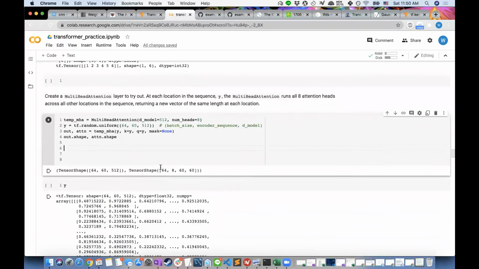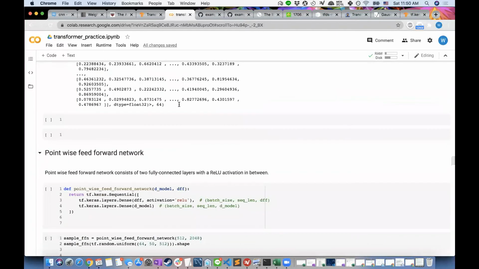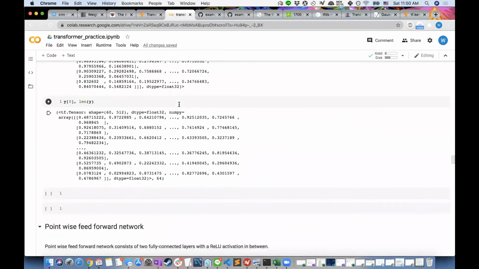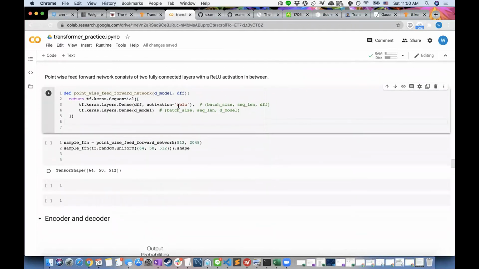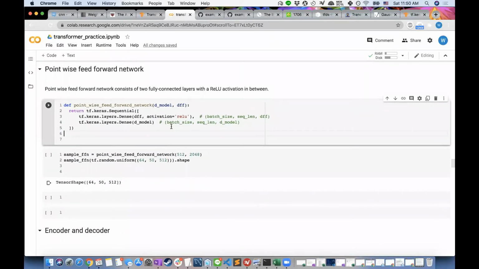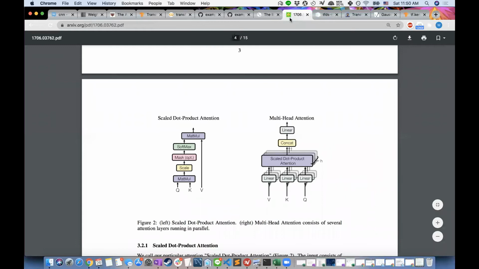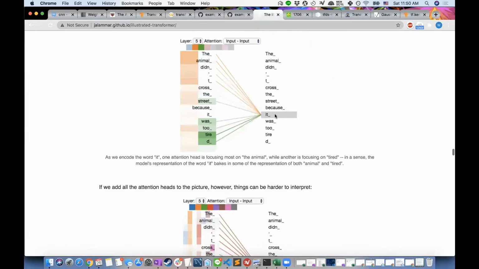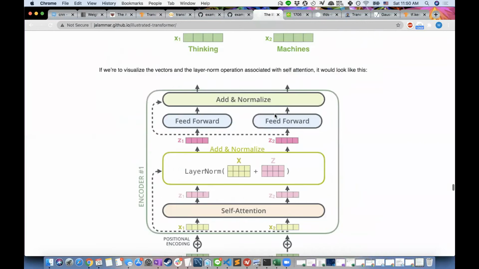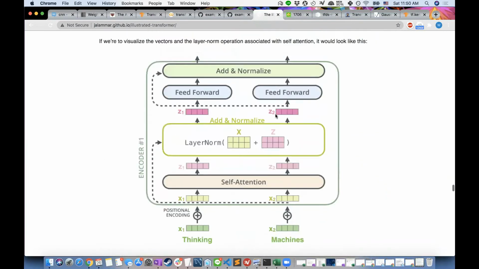Okay, so again, this is just testing with some randomly generated numbers to see how the shapes get transformed. Okay, so now we're getting to the position-wise feed-forward network. So remember, we have self-attention, which we just went through, and layer normalization, and we have a position-wise feed-forward neural network.